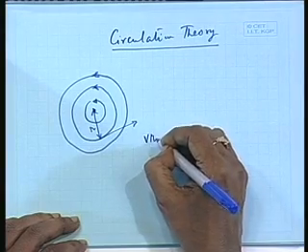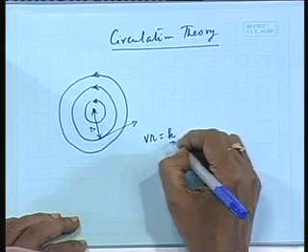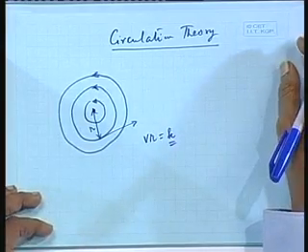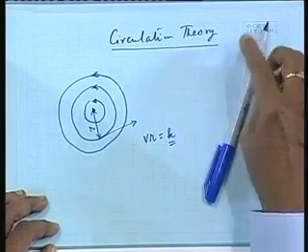V into r is equal to k, a constant. So, near the center the tangential velocity is faster, and as we go away, it reduces.